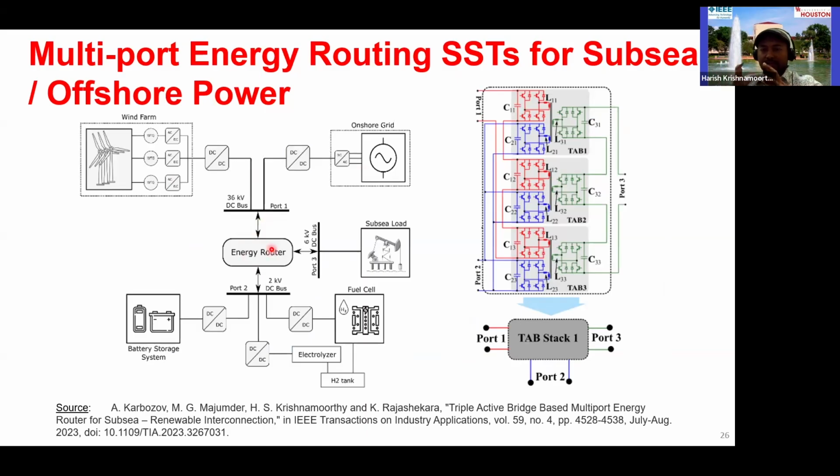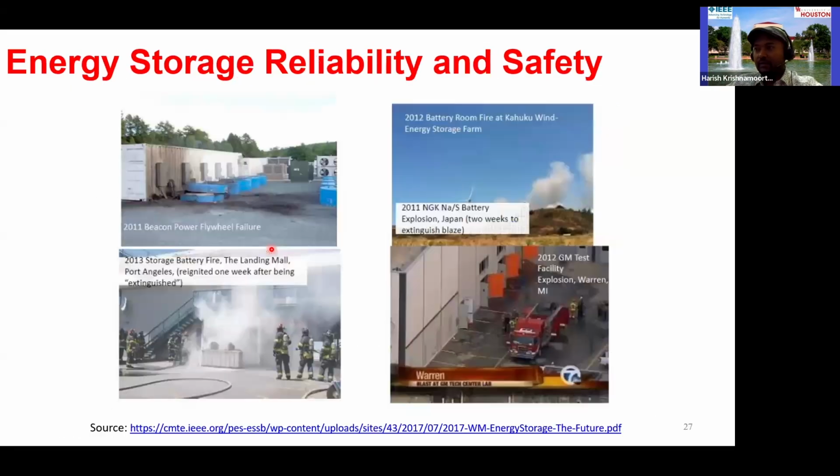Looking at an offshore system where we can interface the grid on one side, wind turbines or solar panels, and battery energy storage systems. So we have been looking at how to efficiently manage different distributed resources using energy routers, which are primarily solid-state transformers.